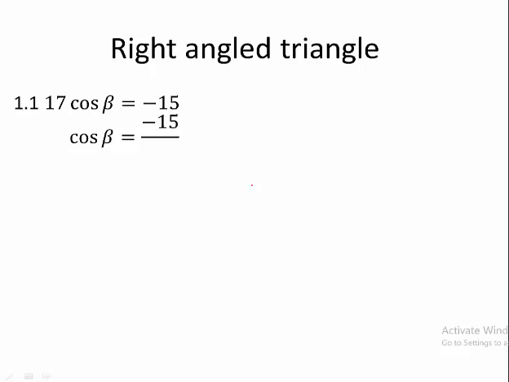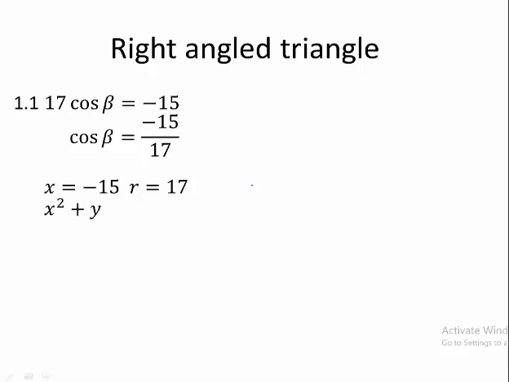Now clearly we know that cos in the SOHCAHTOA arrangement is x over r, right? So once you know that, x will be equal to negative 15 with your r being 17. Remember, r can never be a negative value. Whenever you are doing these right angle triangles, r will always be a positive value, right? Remember that for future reference.